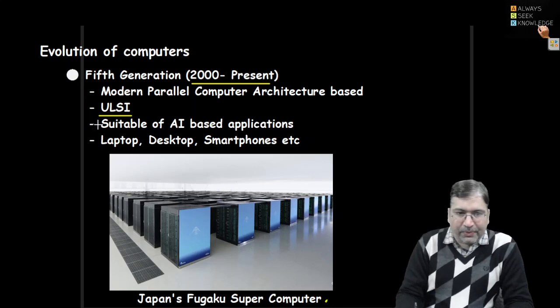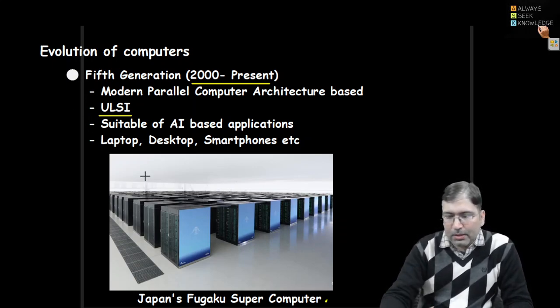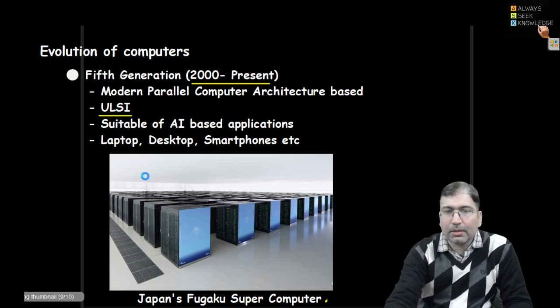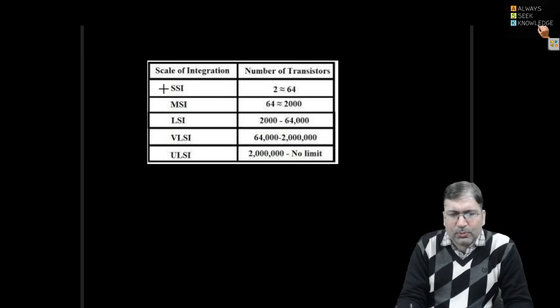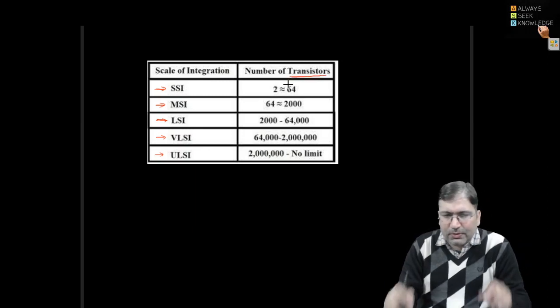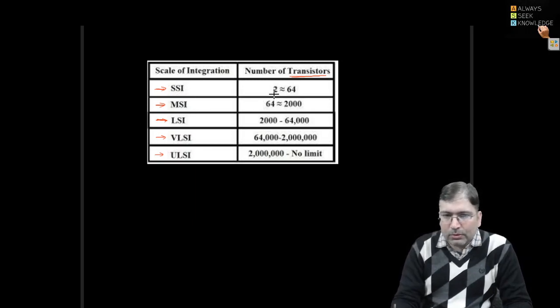Right? Now in this description, I have used two terms, VLSI and ULSI. So let's look at the meaning. Generally we use these terms: small scale integration, medium scale integration, large scale integration, very large and ultra large. Generally in terms of the transistors or devices which we are going to mount, we consider whether it is small scale, medium scale or large scale.